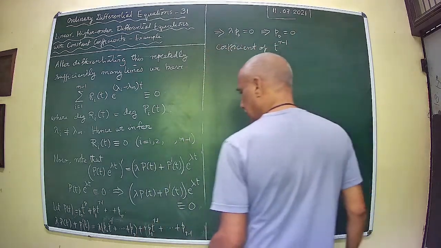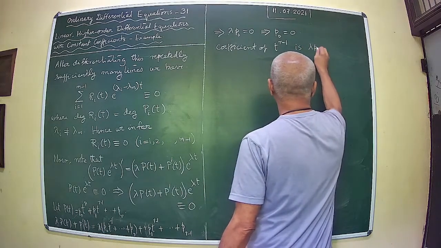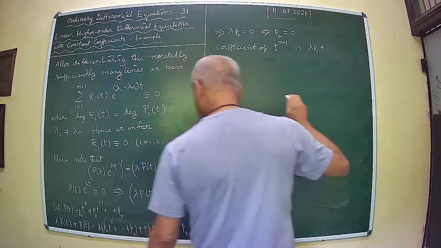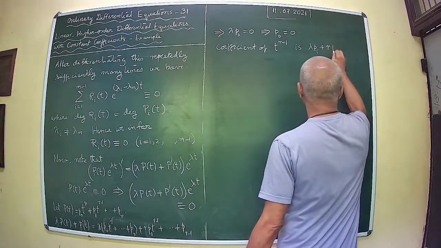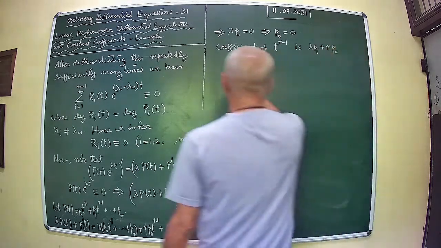It is lambda p1 plus r p naught, and p naught is 0.